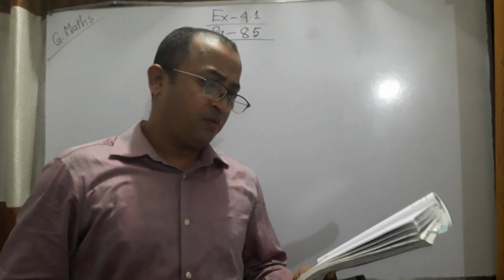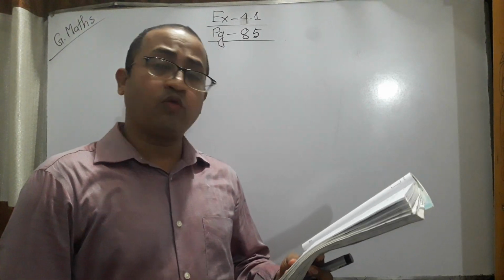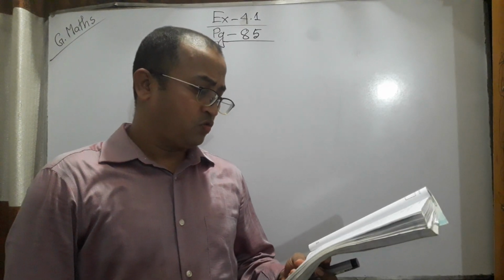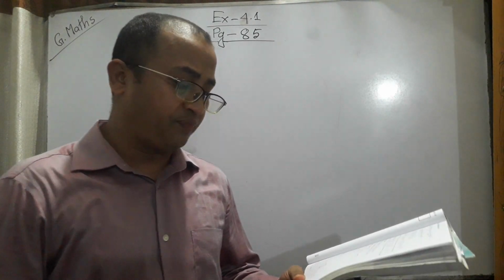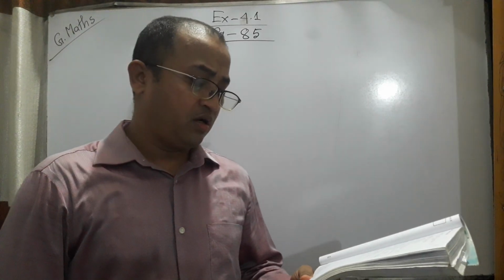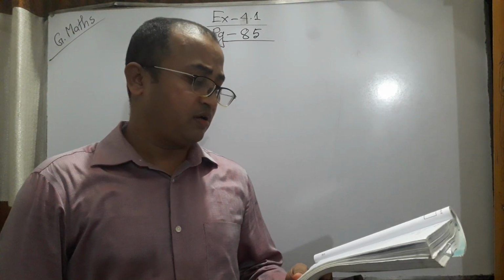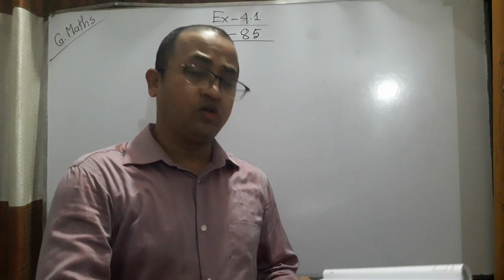Look, page number 85, it is given, simplify 1 to 8. 1, 2, 3, 4, 5, I think these are very simple, you can do this yourself. I will solve 6, 7 and 8 from this, and after that you can solve 1 to 5 yourself. So all of you please look at the board.